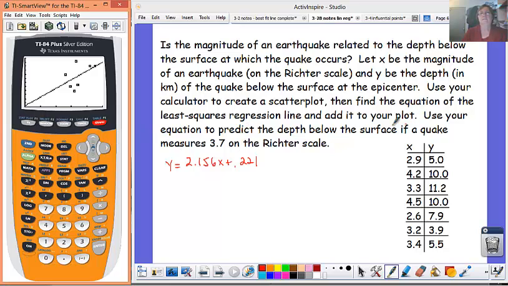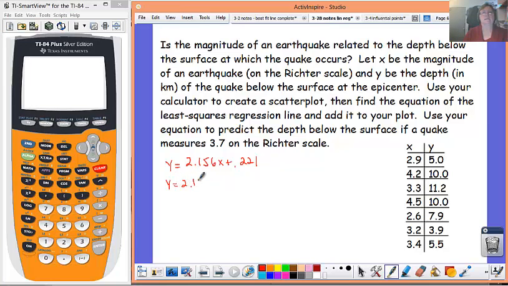What this is saying is that we want to use our equation next to predict the depth below the surface if a quake measures 3.7 on the Richter scale. Now, ladies and gentlemen, I see that our line hits one point, and it does divide them equally above and below, but I'm not sure how good our prediction will be. We can definitely make one, but I don't know how good it will be.